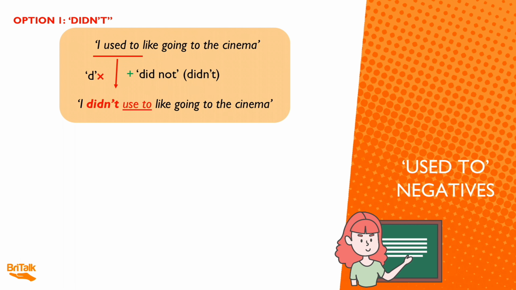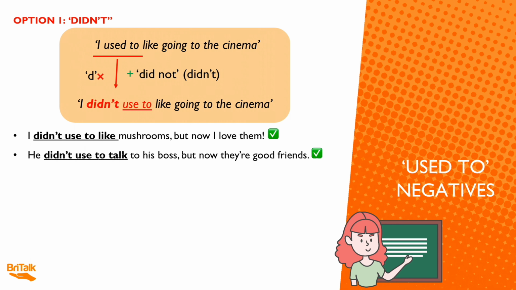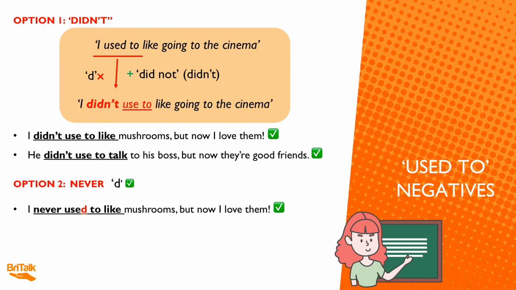So here are some more examples. I didn't use to like mushrooms, but now I love them. He didn't use to talk to his boss, but now they're good friends. So option 2 is a little bit easier because we can use the word never and we can keep the D. So for example, I never used to like mushrooms, but now I love them.